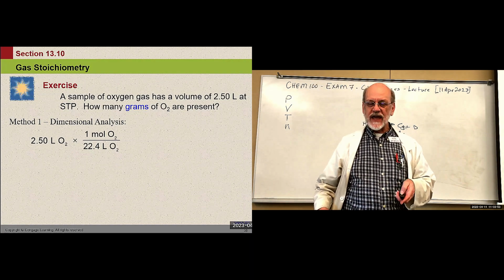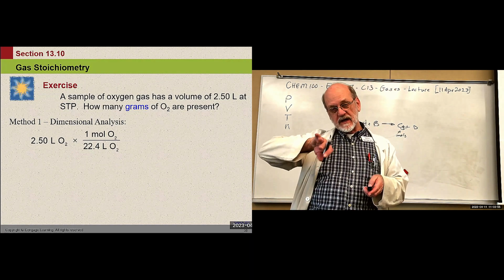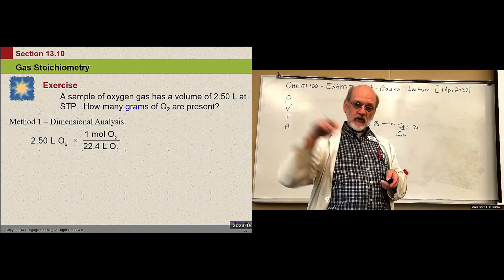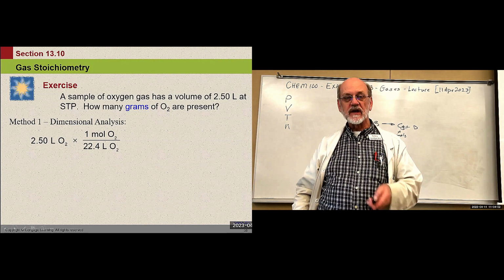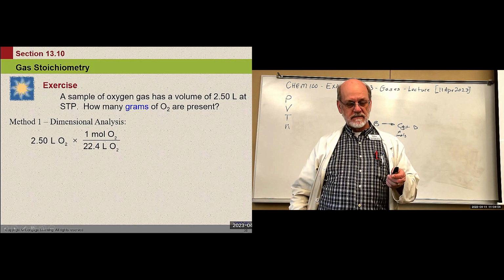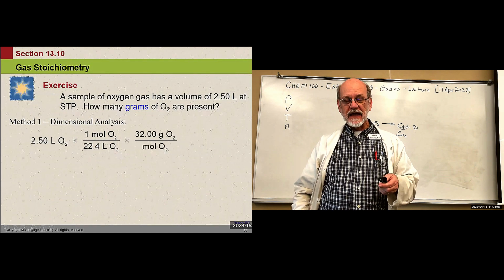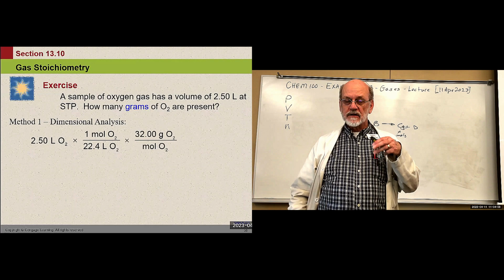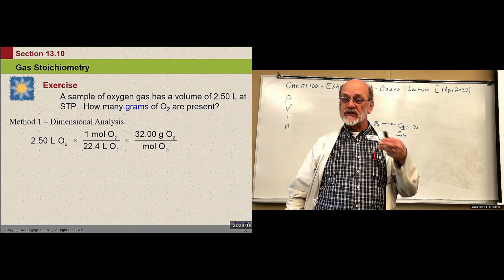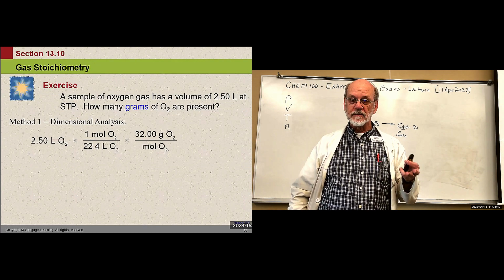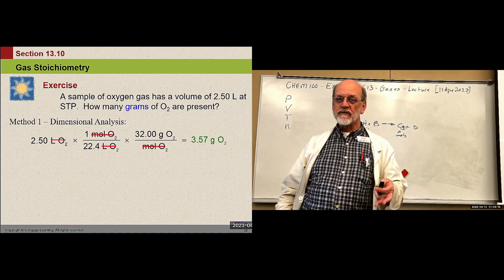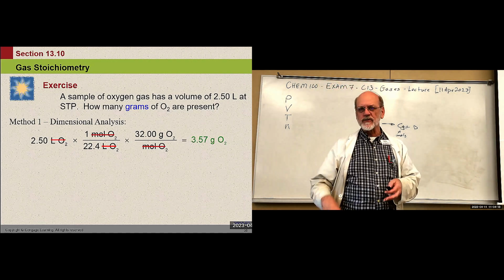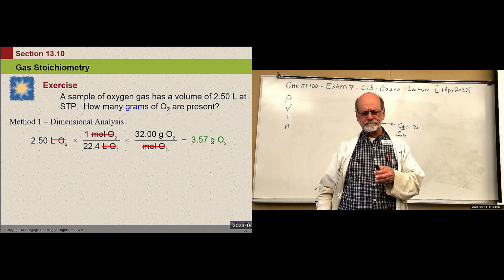Instead of using the ideal gas equation as a workaround, we're going to go straight to the molar volume of a gas, 22.4 liters, and convert that first to moles, and then to grams using the molar mass of oxygen. And that tells us that we have 3.57 grams of oxygen. That was the simpler way to do it, yes.